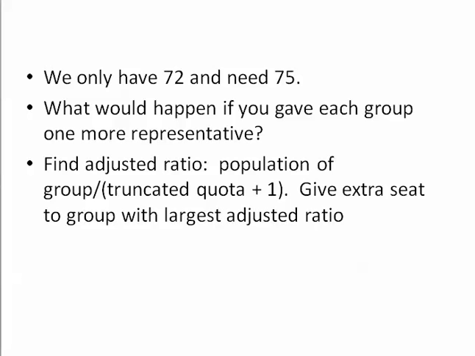So what we're going to do is find the adjusted ratio. That means we're going to take the population of the group and divide it by our truncated quota plus 1. So we're going to take the answers from the previous slide, increase each of them by 1, and find what that adjusted ratio is. Then the group that has the largest adjusted ratio is going to get the extra seat.